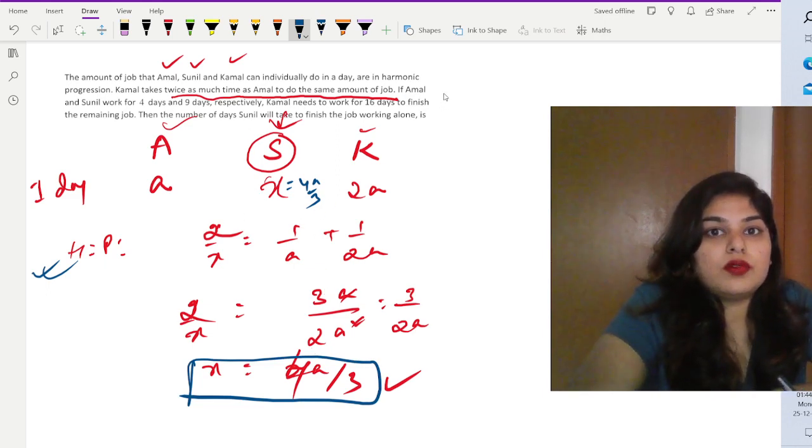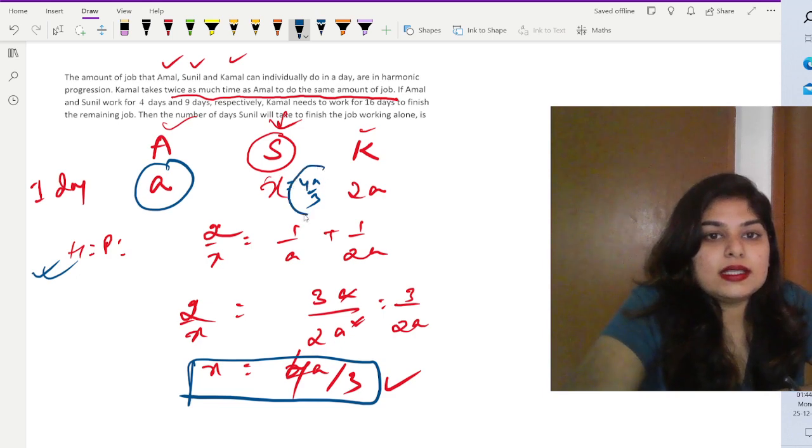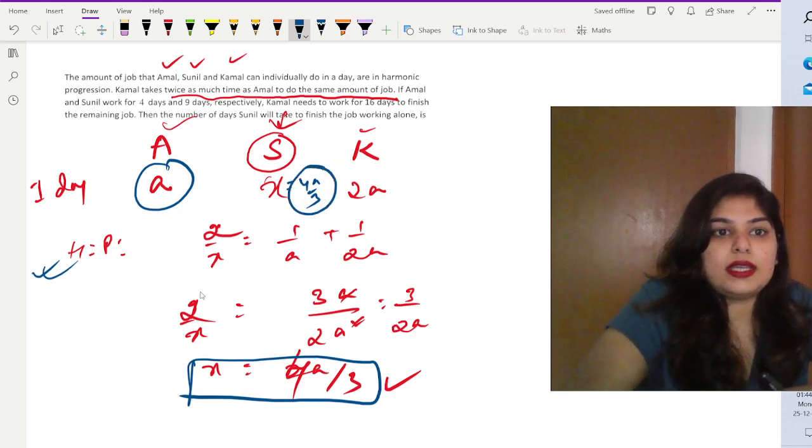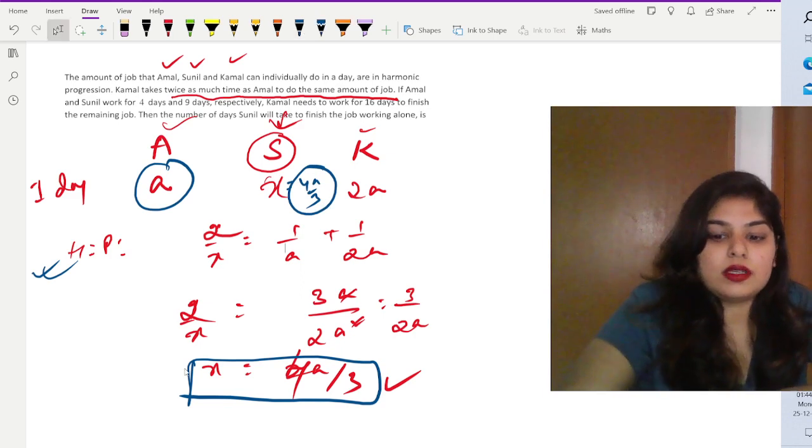Now, what we have to do, if Amal and Sunil work for 4 days and 9 days. So that means if Amal is working for 4 days, then this is 4a. And if Sunil is working for 9 days, then this becomes 12a, right? So 4 days and 9 days respectively. So let's write it down here.